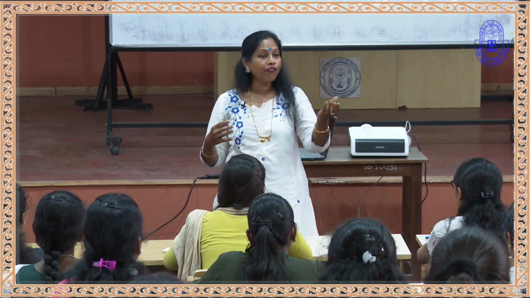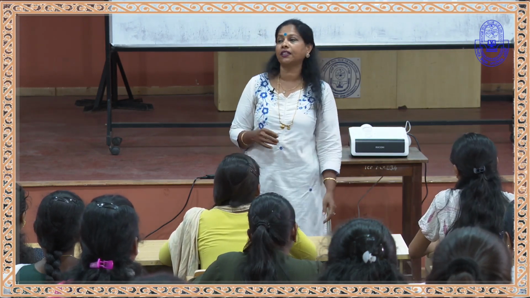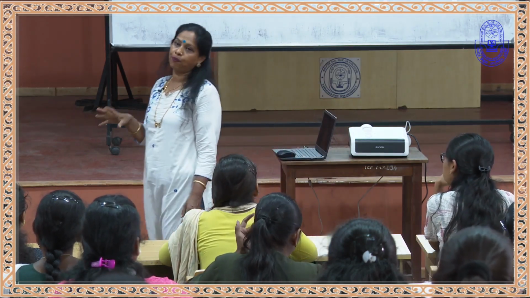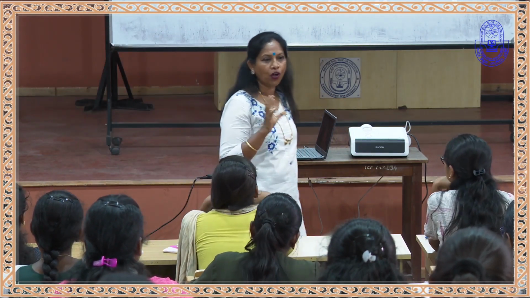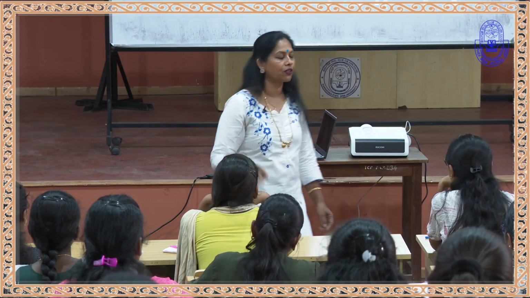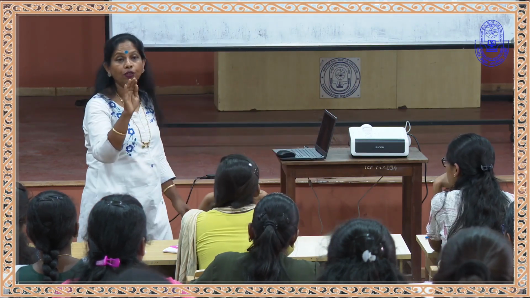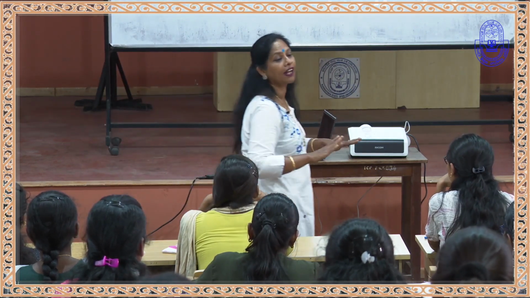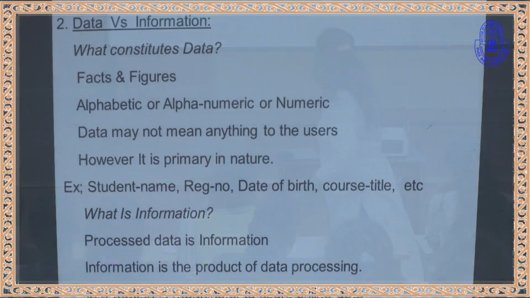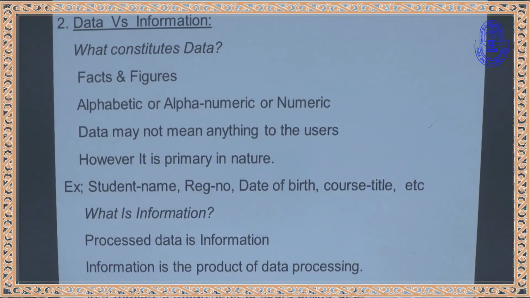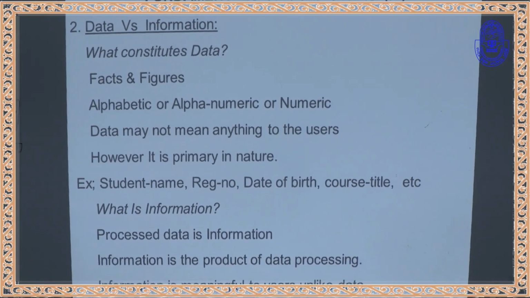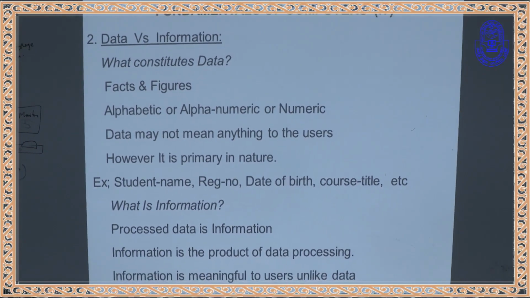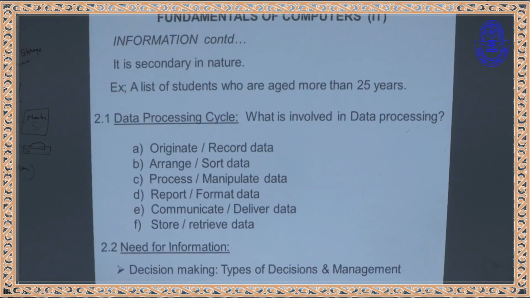So your mobile phone is also a computer. It is a portable computer. It also has an input keyboard and a monitor. I will explain one by one. So why do we need computers? To make our life easier and simpler. What do you mean by data and information? I will skip this. This is facts or figures, alphabets, alphanumeric. I have explained all this.